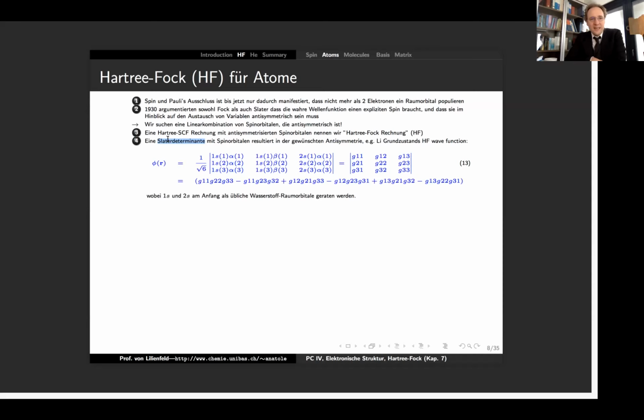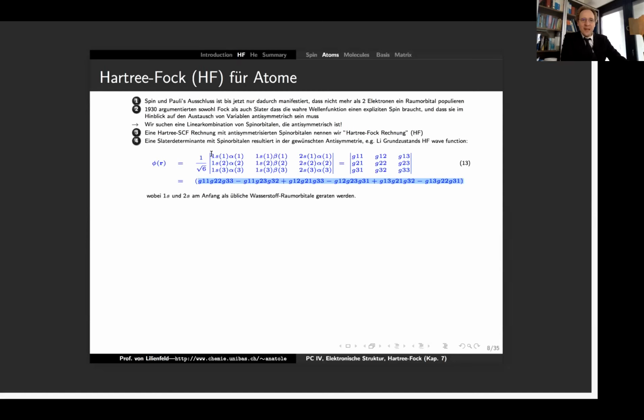But the key ingredient here is that you write your full wave function as this expansion here, where these terms are your various terms.